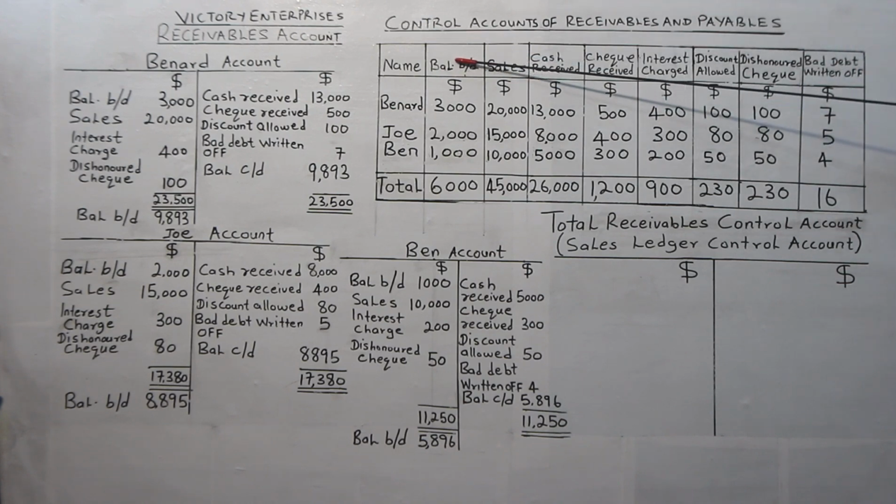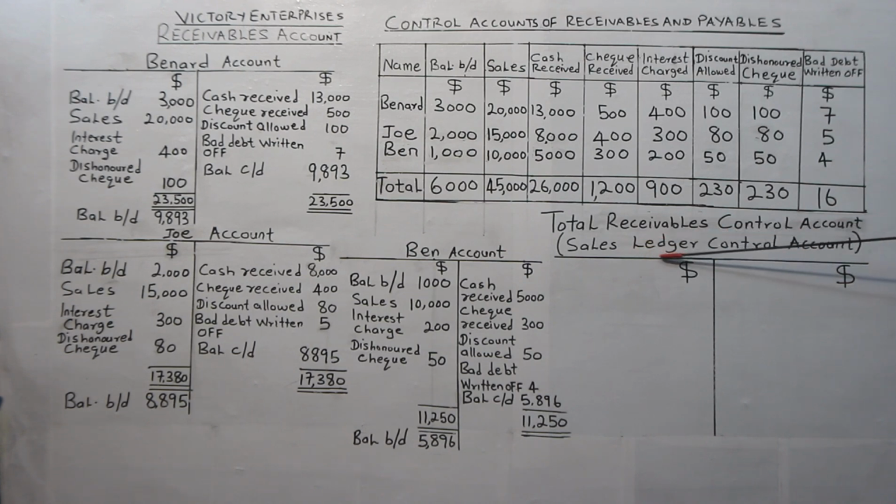Now, knowing the total balance brought down for all the receivables, that is the opening balance for the current period, knowing the total sales, total cash received, total check received, total interest charge, total discount allowed, total dishonored check, and total bad debt written off, it is now possible for the organization to prepare what is known as the total receivable control account, which can also be called the sales ledger control account.